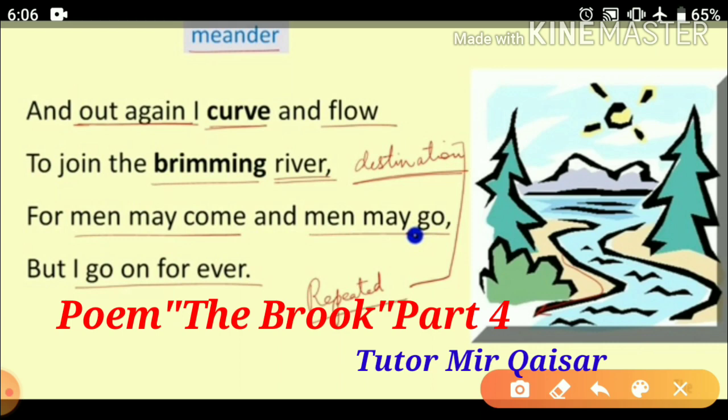I again start meandering. Here you can see, it walks in a zigzag way. This is called meandering. That means it again starts to walk, to take curves and flow. Flows to what? Flows to join the brimming river, which is its destination.